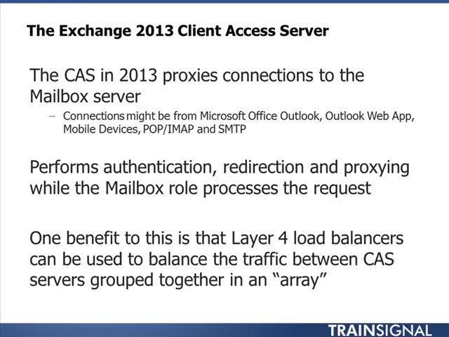Now we can work with lower level, cheaper devices that can load balance that traffic. That's just an added benefit to the change in the architecture, going to the client access server handling all of that traffic in this way. So that's just one of the benefits to adjusting the architecture to a two-server role environment.